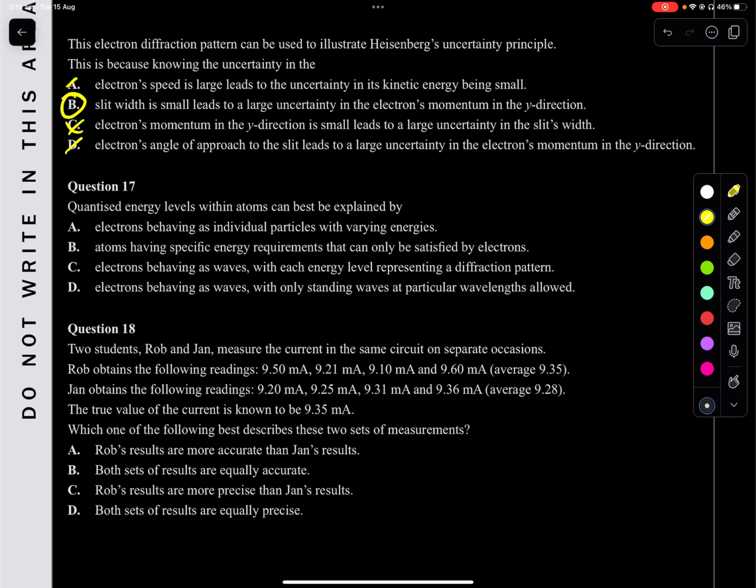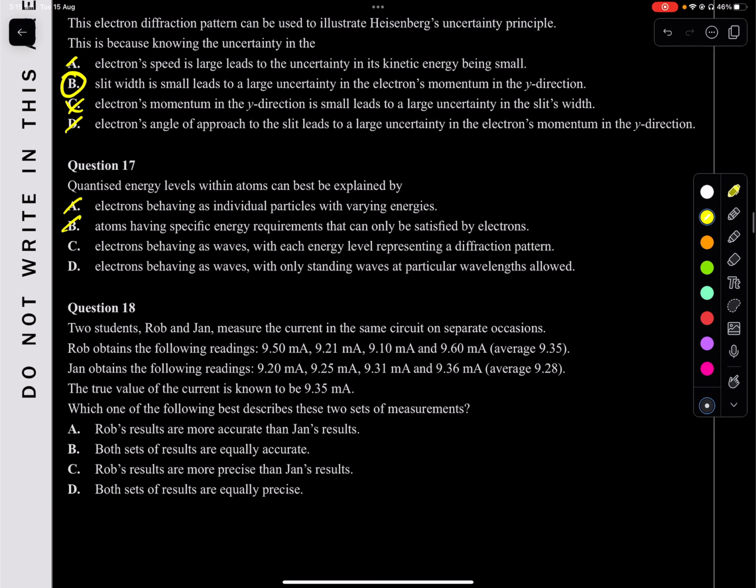Let's look at the answers. Electrons behaving as individual particles with varying energies. No, that's absolutely wrong. Atoms having specific energy requirements that can only be satisfied by electrons. No, B is wrong. Electrons behaving as waves, true, with each energy level representing a diffraction pattern.